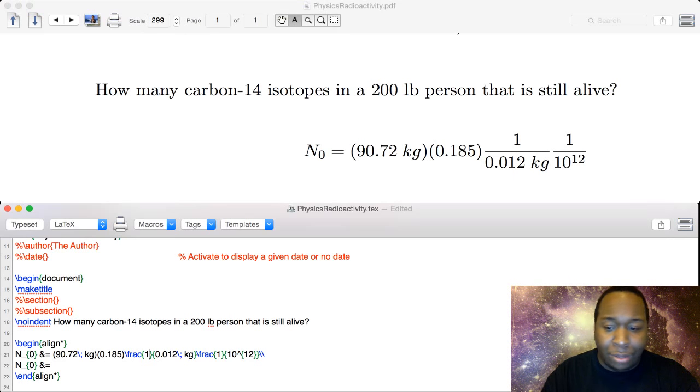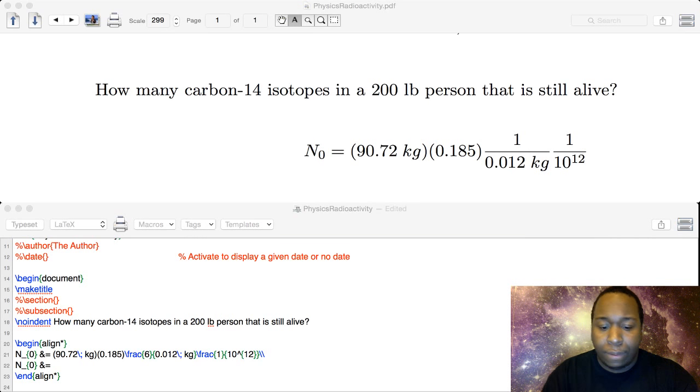So that's what I'm forgetting here. I kept looking at it and I was like, this looks weird. So I'm going to quickly look up what Avogadro's number is. Avogadro's number is roughly 6 times 10 to the 23.